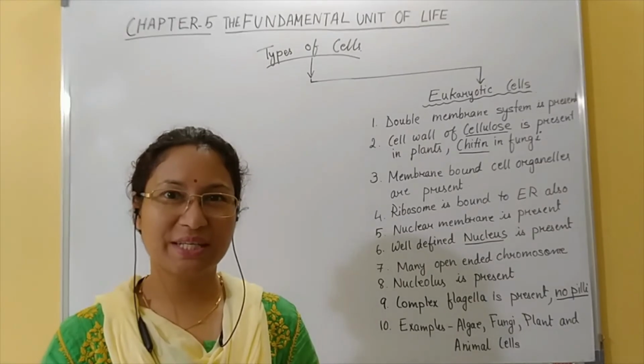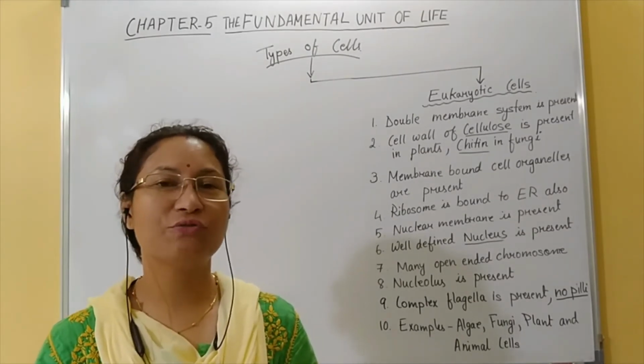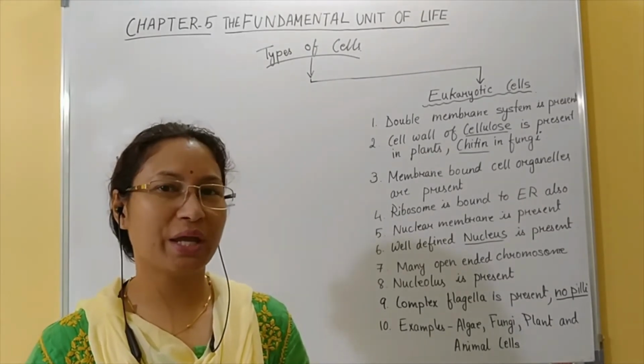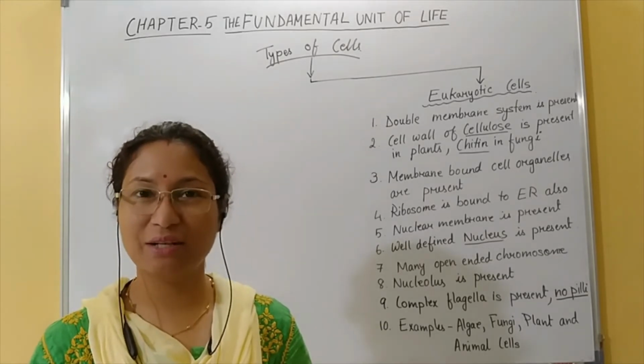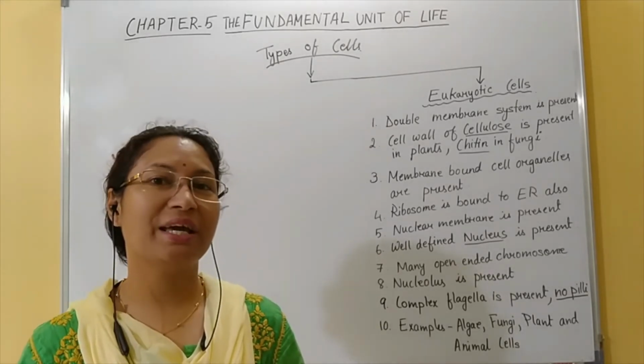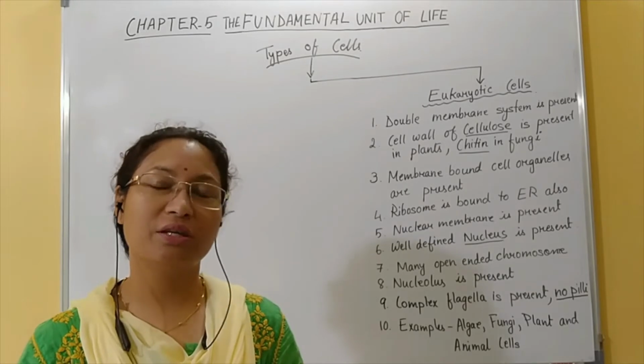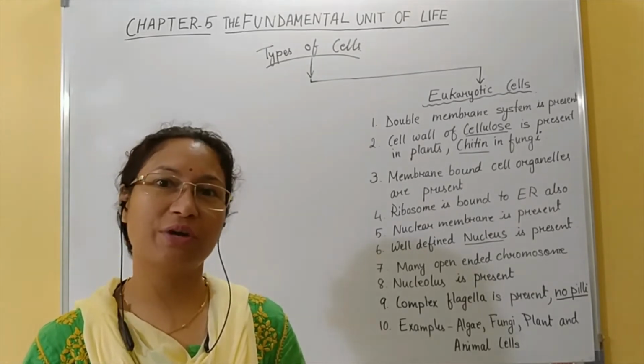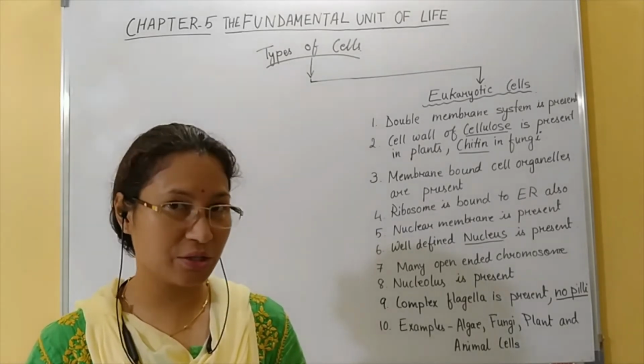So greetings students. In the previous section we have studied about the prokaryotic cell, which was the primitive kind of cell without a well-defined nucleus. Now we are going to talk about the eukaryotic cell, which has a very well-defined and complex nucleus.